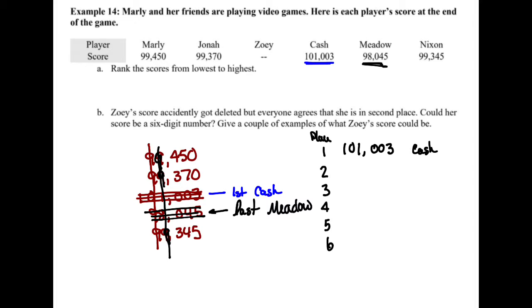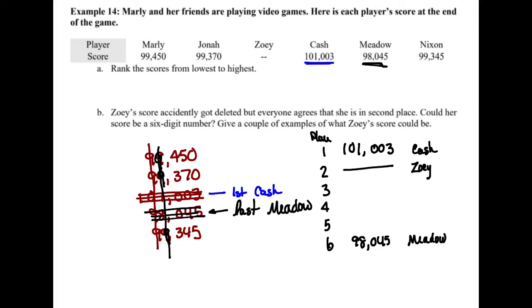And we know Meadow is last. Okay, and we know that Zoe was second. So we're not going to put anything in here yet. I'll erase that in a minute.